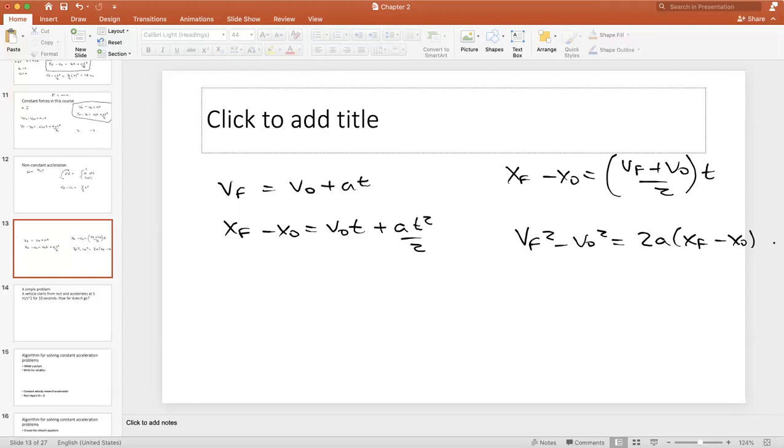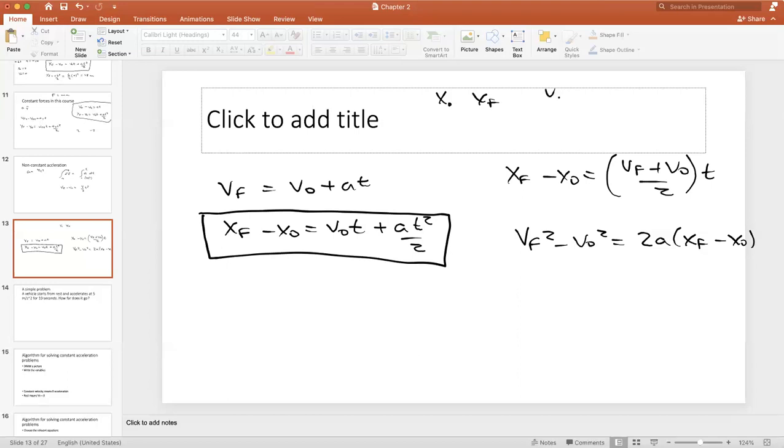But let's look at these equations really fast. There's something really important going on here. This equation is what I call the big equation. The reason it's a big equation is we have x initial, x final, v initial, v final, a, and t. That equation that I boxed has all of those.